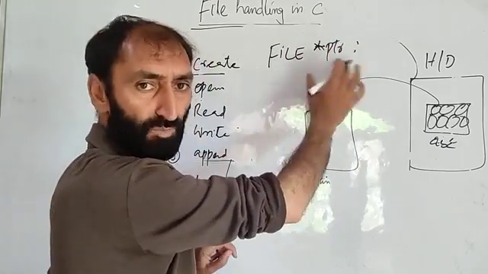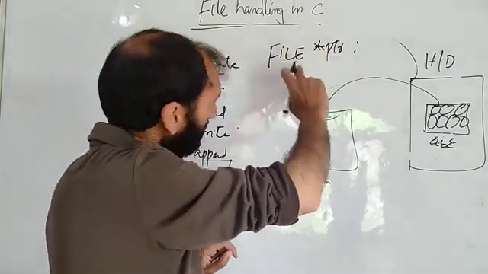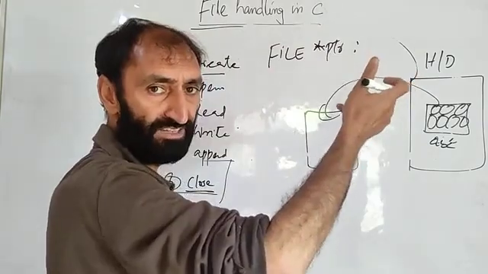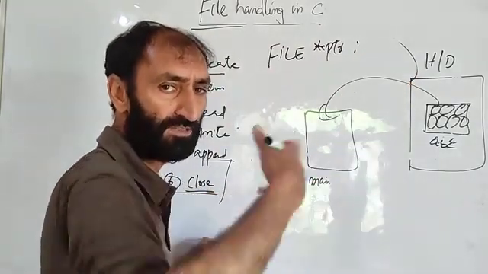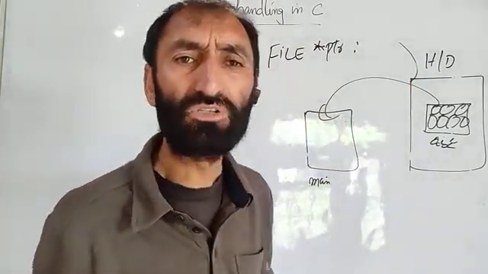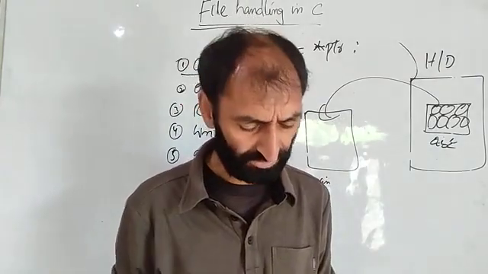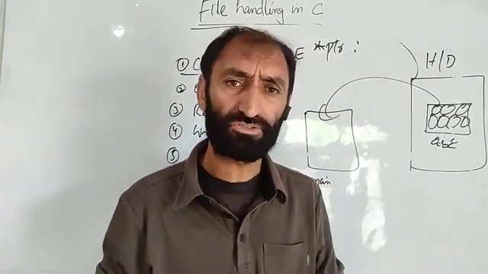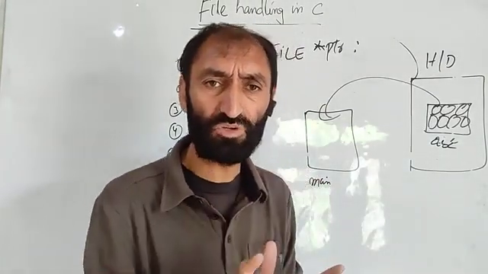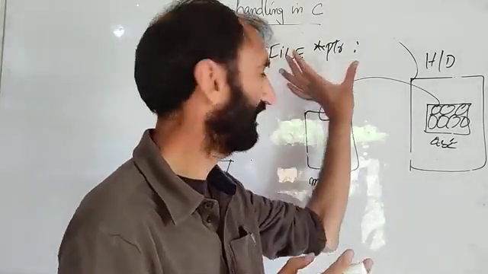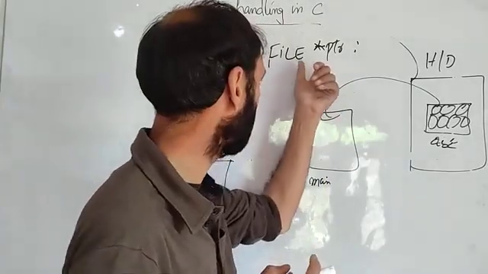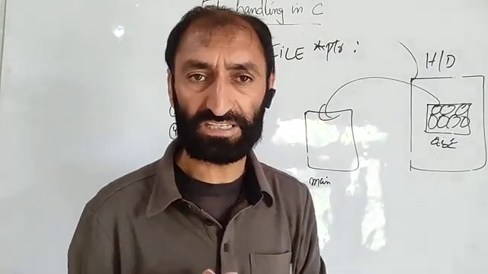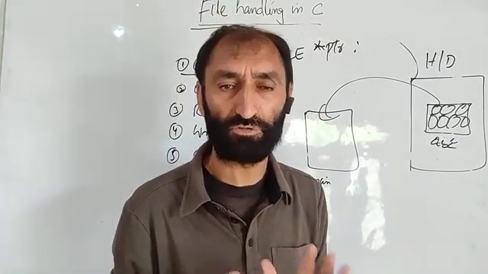With the help of this file pointer, we can handle the files and perform operations on them. So we use pointers to handle the files. In the next video, we will discuss file handling and the file pointer in detail, very minutely and thoroughly.